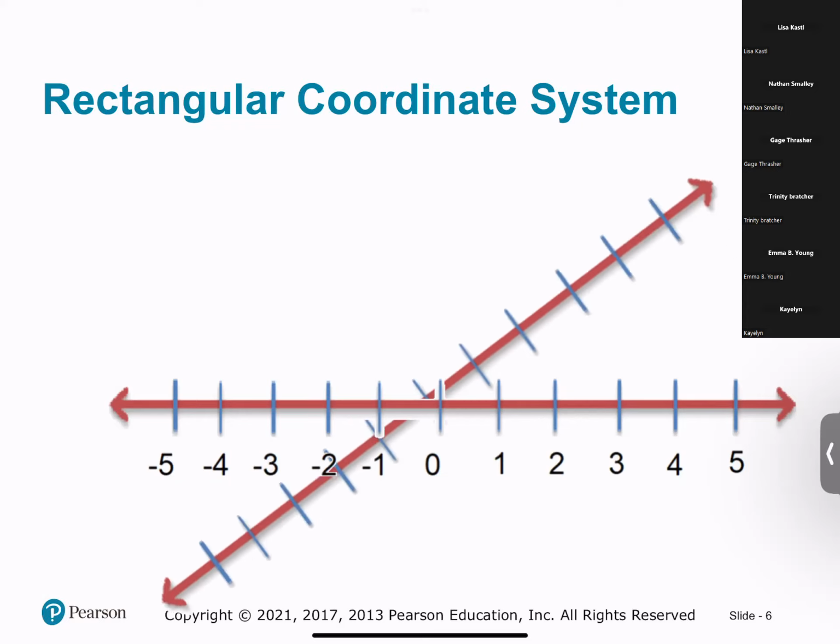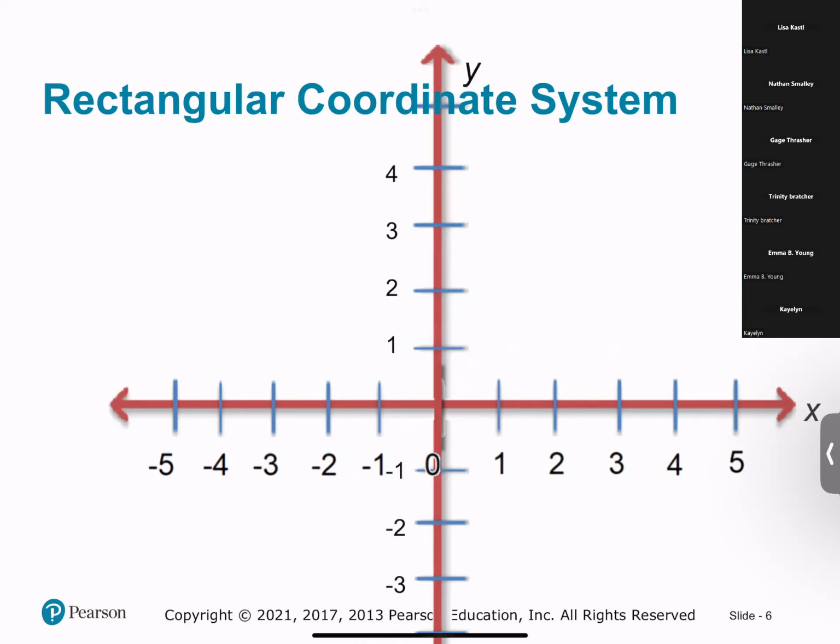So I'm going to create my vertical axis, and we rotated it, and we're going to say that this horizontal axis, we're going to call that X. That's a very typical variable to use for the values on the horizontal axis. And then the vertical axis, we're going to call that Y. That's very typical to call the values on the vertical axis Y. There's nothing sacred about that. It's just typical. And the numbers to the left of 0 on the number line are negative. We know that for sure. And the numbers to the right of 0 on the number line are positive.